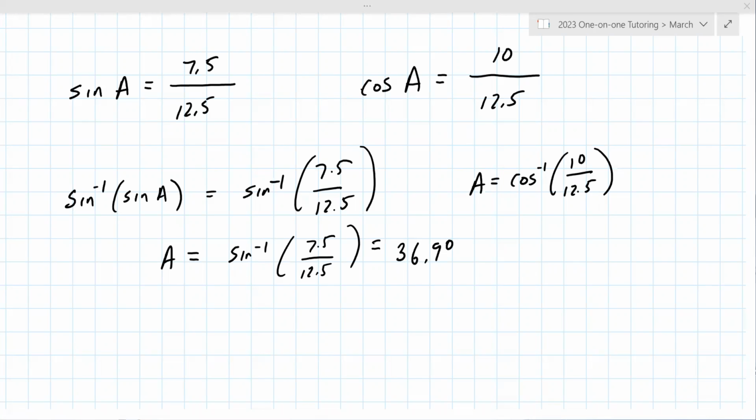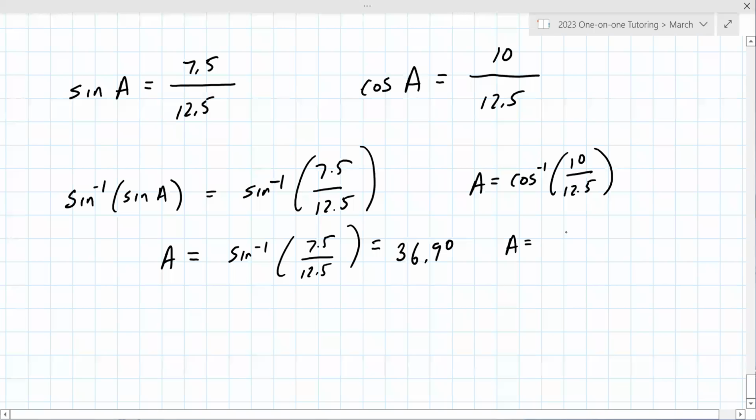So cosine minus 1, 10 divided by 12.5. 36.9 as well. Okay. So notice it's the same answer as before.